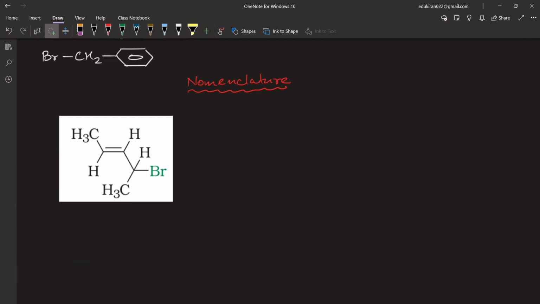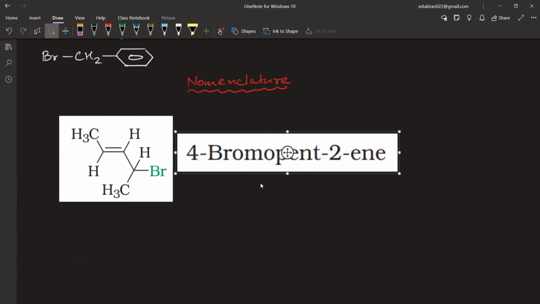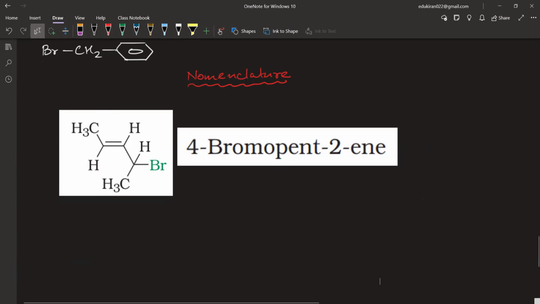Now, in the name here, this E represents that there is no functional group. That means it is talking about the functional group, whether a functional group is present or not.